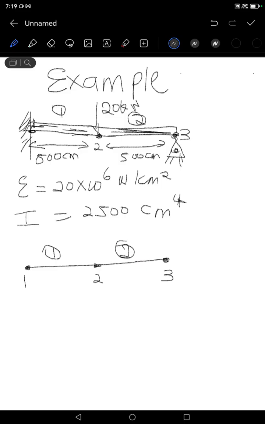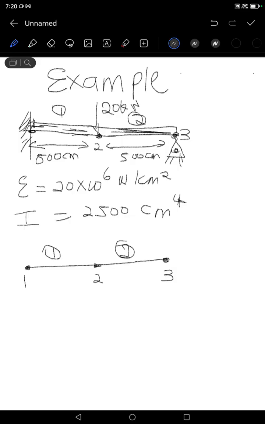After drawing the free body diagram, at each node, node 1, node 2, node 3, we're going to have 4 factors to be considered.